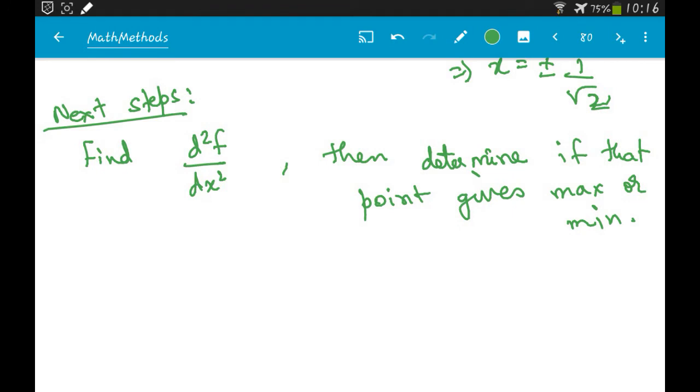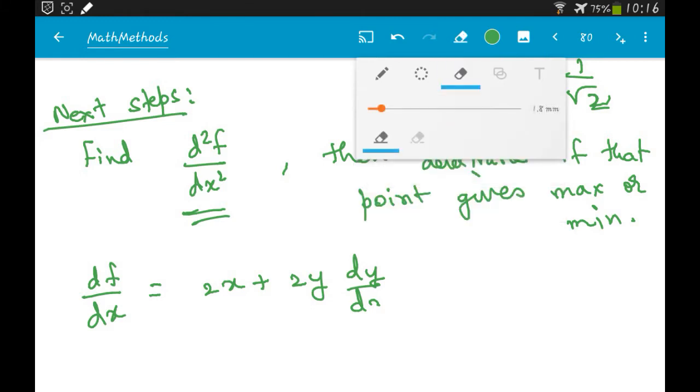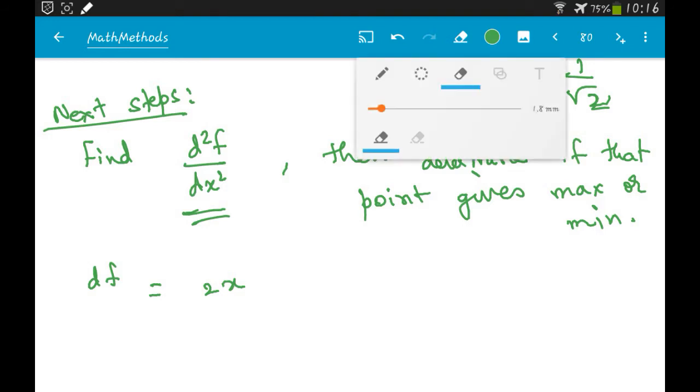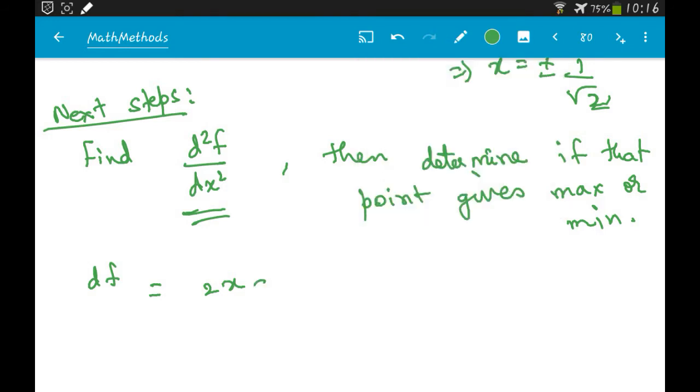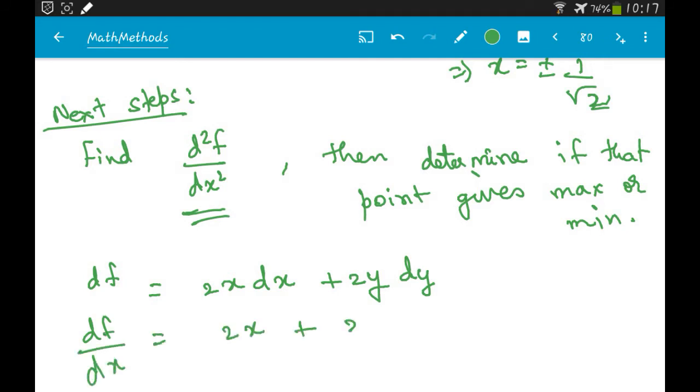So even this we can find. We can find what is d square f by dx square. So we have df by dx was 2x plus 2y dy by dx. Let's start from the beginning. So this is 2x dx plus 2y dy, right? So df by dx is going to be 2x plus 2y dy by dx.